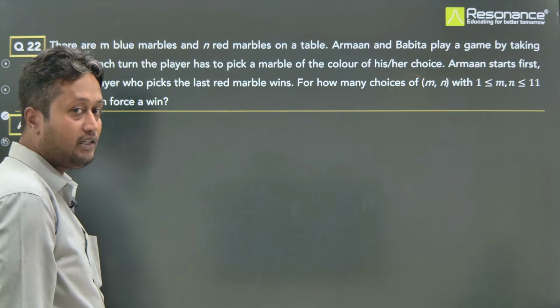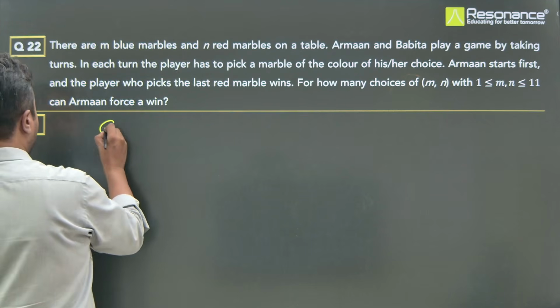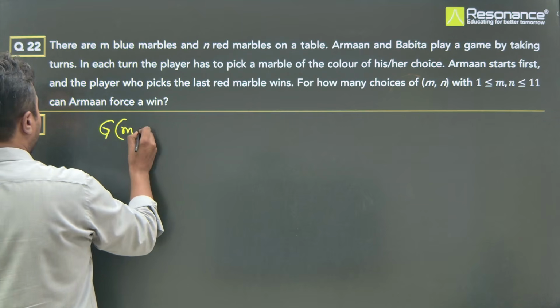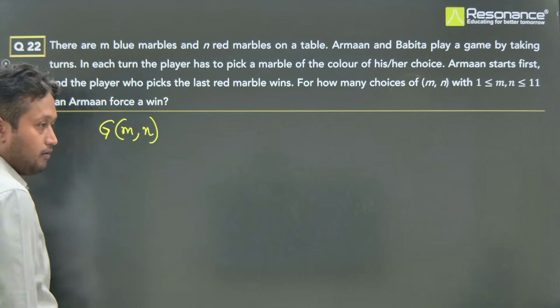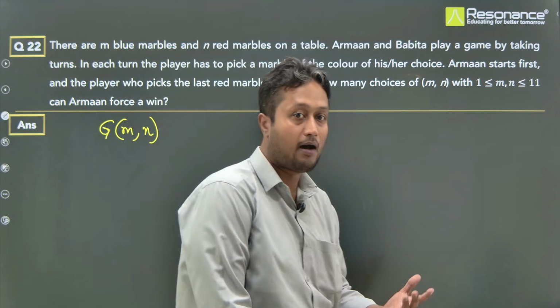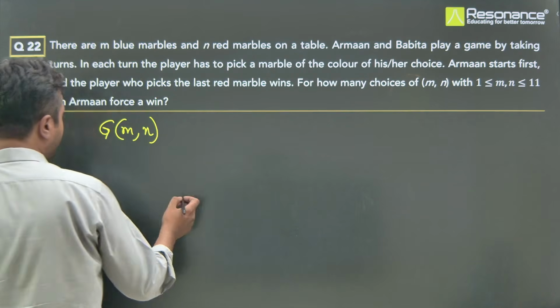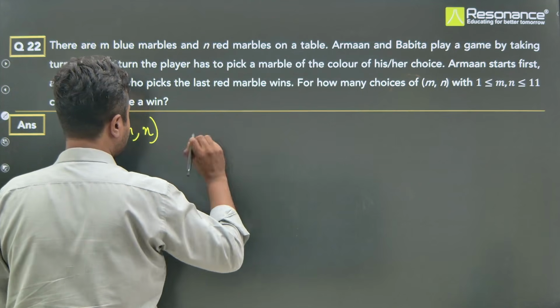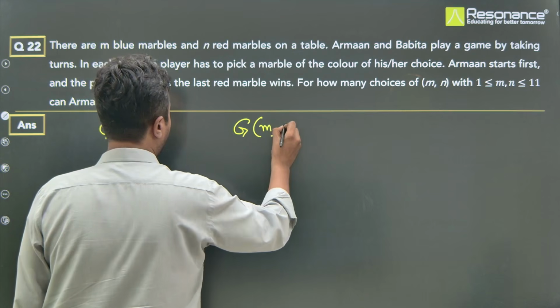So forcing a win, that's an important word over there. So let's just call it the game of M blue marbles and N red marbles, right? So let's see what's going on over here. All right, so what do we have? Suppose, let's take some simple cases. G of (m, 1).